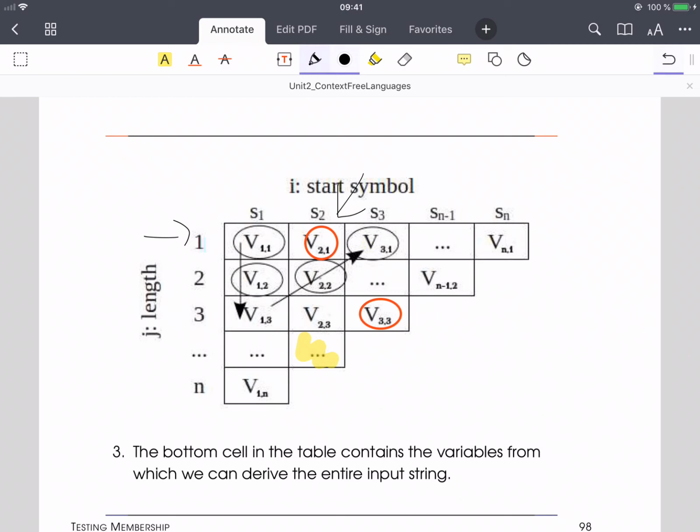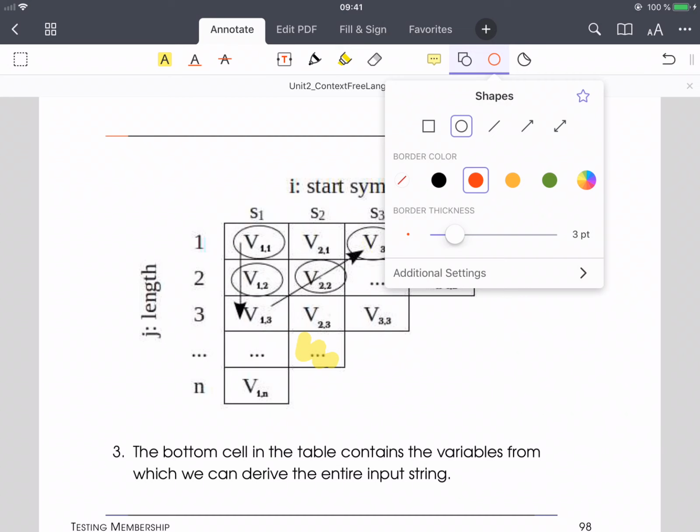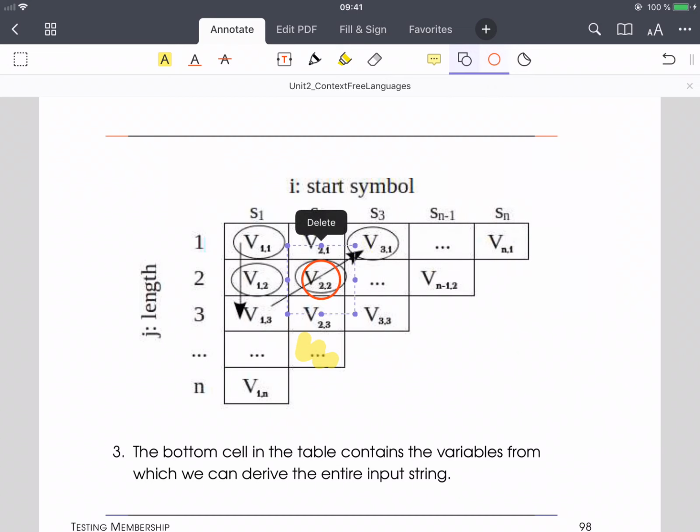Okay, once that we consider those pairs of cells, then we need to consider that the first part includes one more symbol. So we start exactly in the same position, but the row is one position below, because we have length 1 unit more. And then we move in the diagonal, because we need to start in a column that is one position to the right, and in a row that is one position up, because the length of the second part is 1 unit less.